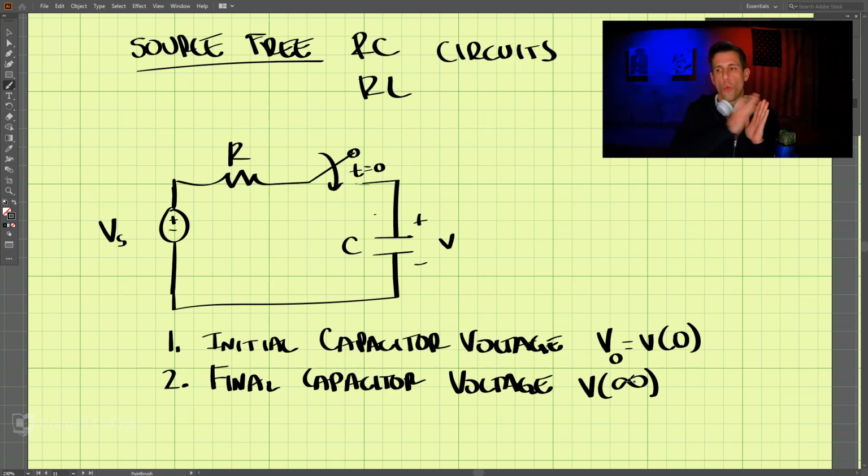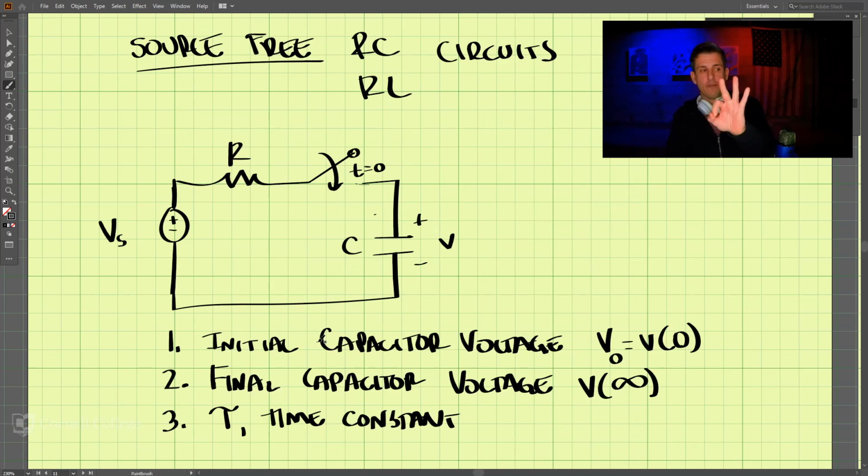Infinity meaning way into the future. And lastly, three, our time constant. So we need to know all three of those things: the initial capacitor voltage, the final capacitor voltage, and the time constant.